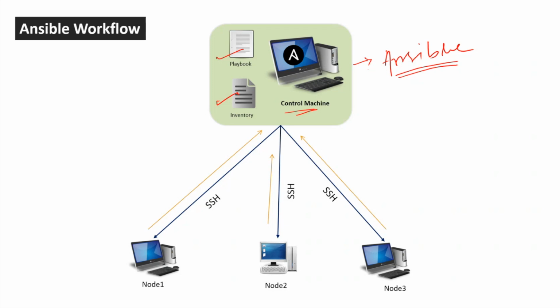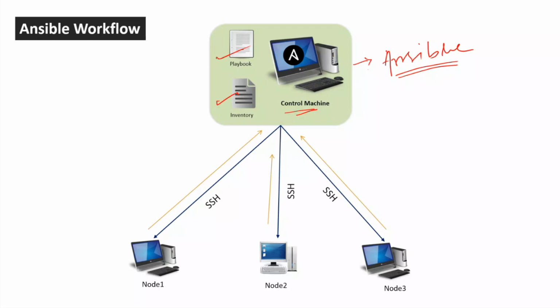So inventory, we know, is the server information. What you are going to execute against will be stored in the inventory. And this playbook is the tasks we have written to be executed. So what will happen?